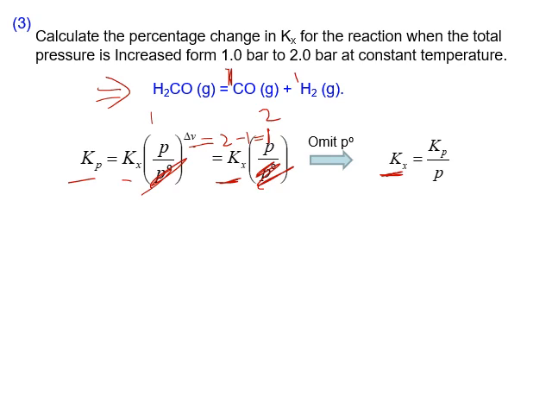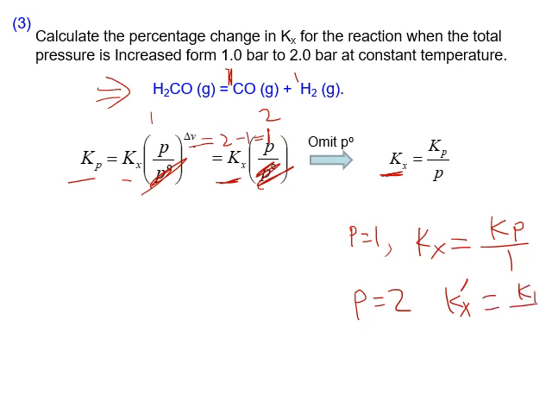One way is to assume that when P is 1, Kx is Kp divided by 1. But when P is 2, then Kx, now written with a prime, as a different Kx, equals Kp divided by 2. Note that Kp doesn't change. It's the Kx that may change with pressure.